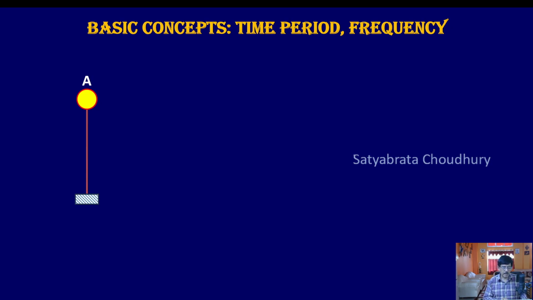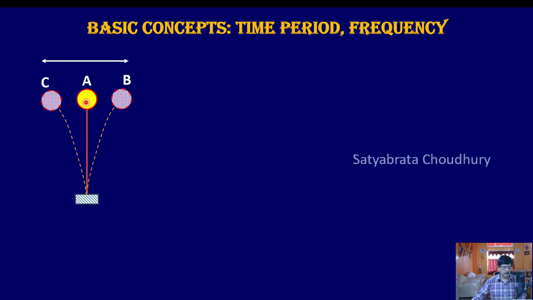Now let us take a single degree of freedom system, and we apply a displacement to the system. We drag it to the point B and release it. After releasing, it will go to the point A again and then go further to point C, and this will continue to and fro, left and right.